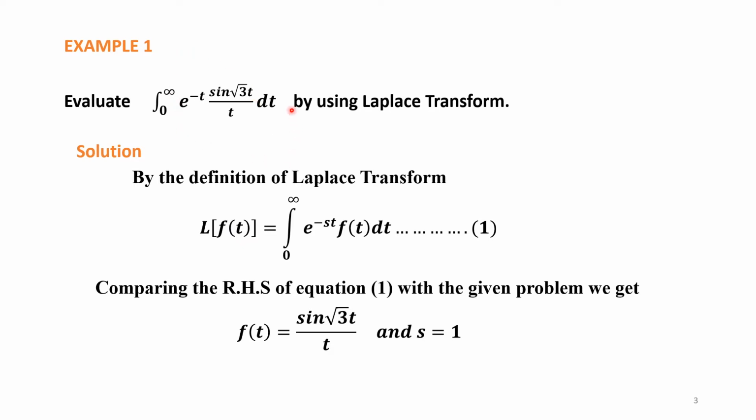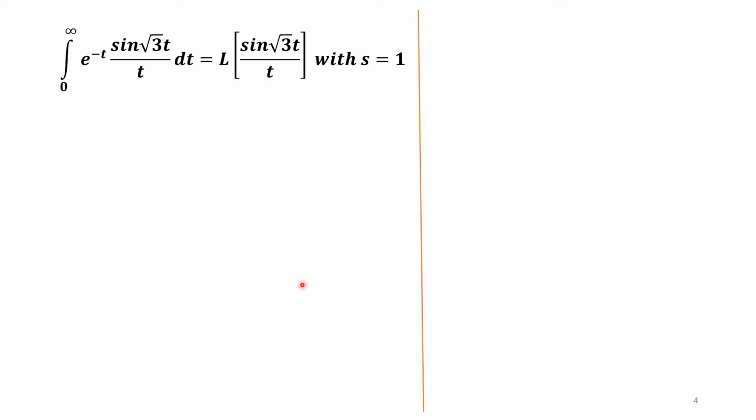So writing this integral as L of sine root 3t by t with s equal to 1, the given integral is L of sine root 3t by t with s is equal to 1.